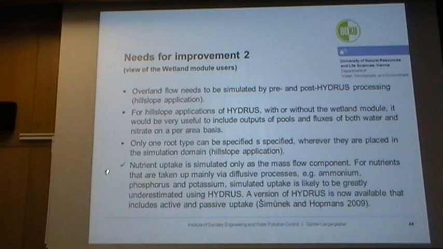There is also the point that only one root type can be specified. For the nutrient uptake used in this hill slope simulation, the old version of Hydrus was used, and in the new version this is actually done.